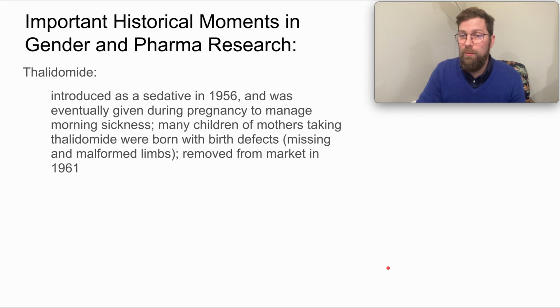Now, when this began to happen, many children of mothers taking thalidomide were born with birth defects. People whose mothers took thalidomide during pregnancy often had limbs that were missing or malformed. And it took about 5 years for this problem to be identified and to have thalidomide removed from the market.